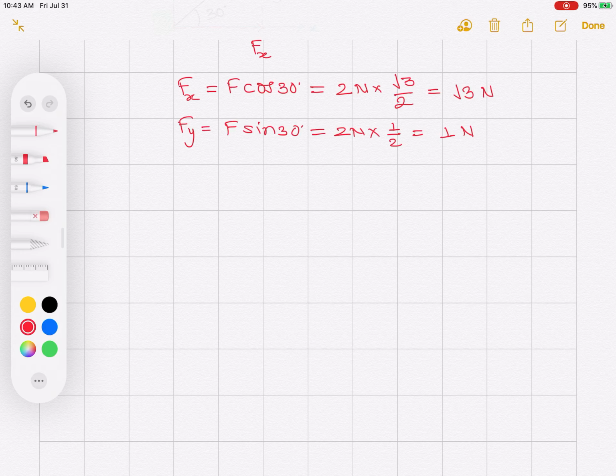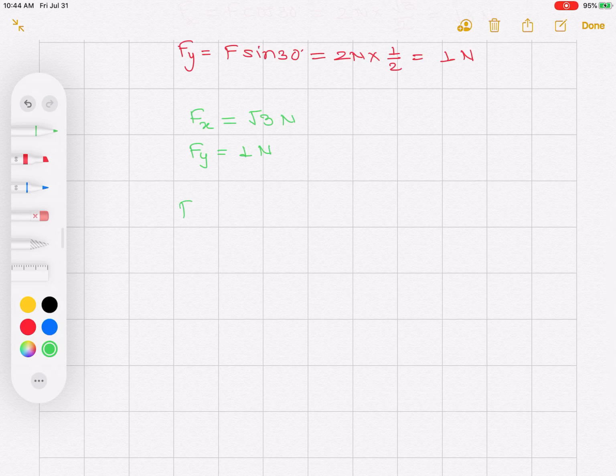Let us suppose the components are given. F_x, the x component, is root 3 Newton, and the y component is just 1 Newton. Now I need to find the total force and its direction.